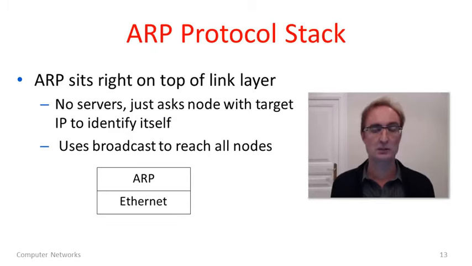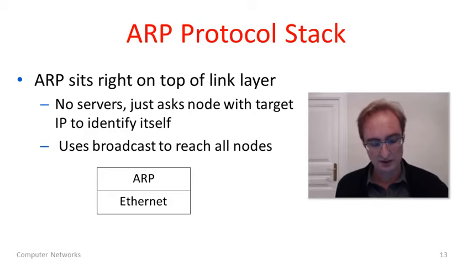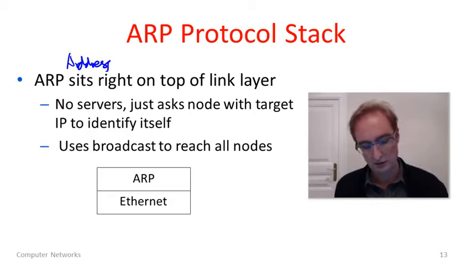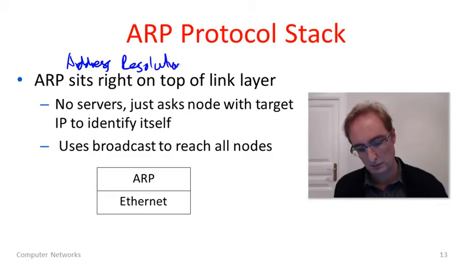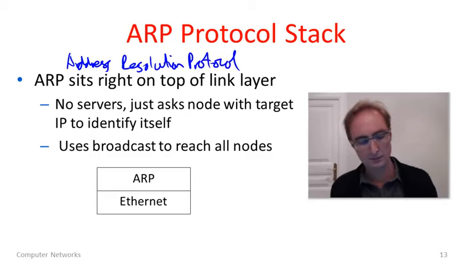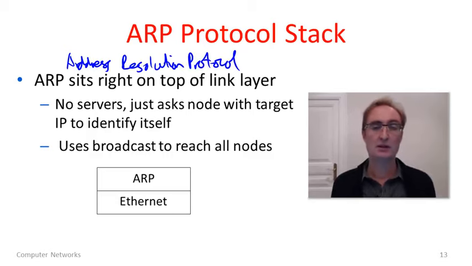So let's talk a little bit about ARP. Here's the protocol stack for ARP. ARP stands for Address Resolution Protocol. It sits directly on top of a link layer such as Ethernet.